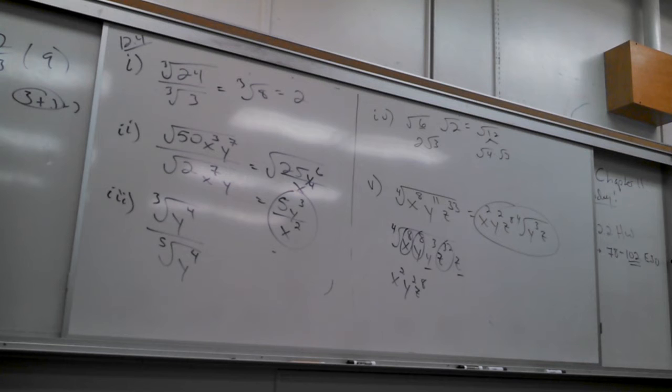How did we handle that earlier? We had the same base. We rewrote them as fractional powers. Because then when you divide, what do you do with powers? You subtract. So that's the process. If the root's not the same, you go, well, is the base the same? If it is the same, you can rewrite them as powers and attack it. If they're not the same, you just stop. It's not something I can do.